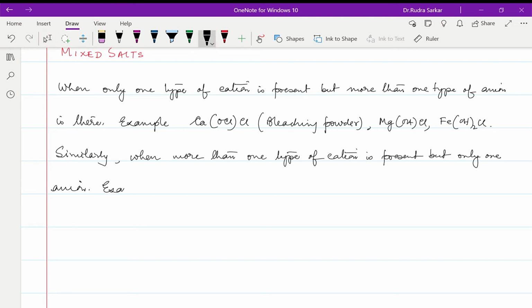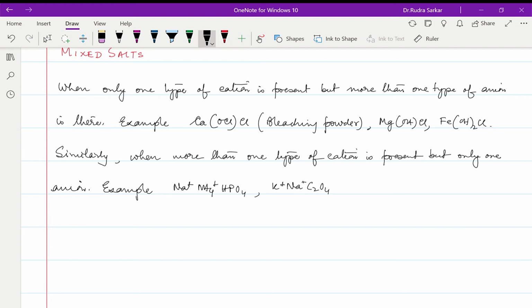Example, let's say Na+, NH4+, HPO4 2-. We are having sodium and ammonium, and then we are having this biphosphate ion, or we can have K+, Na+, C2O4 2-.